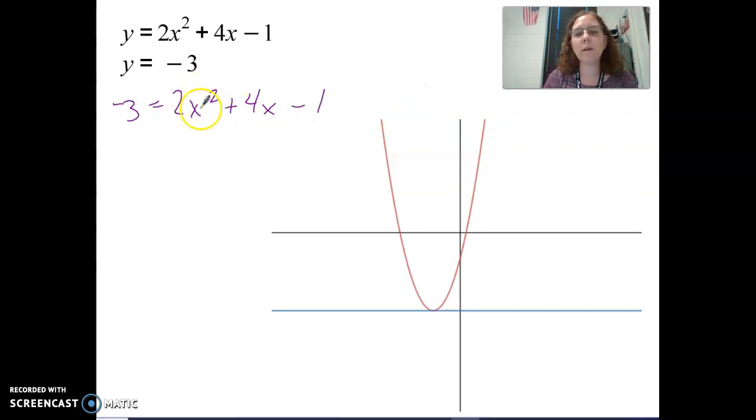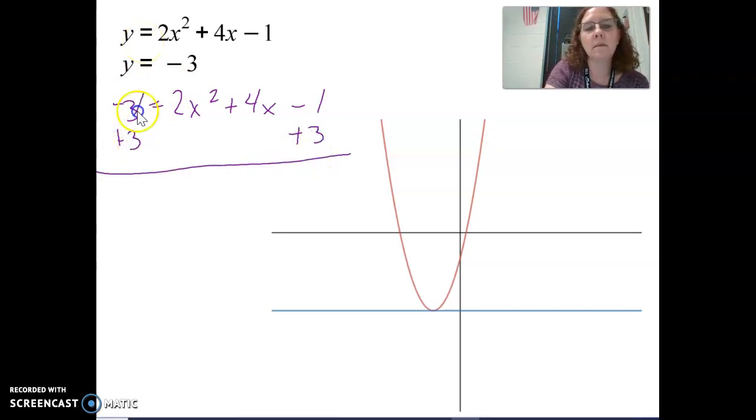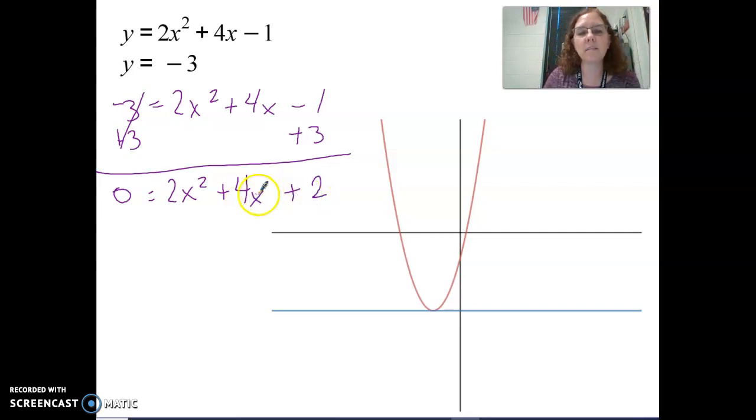Okay, well, this is a quadratic. I have x squared as my highest exponent. So when I solve a quadratic, I remember that I need it to be equal to 0. So I'm going to add 3 on both sides. Negative 3, positive 3 cancel out. That gives me that 0 that I needed, so I can use my zero product property. Negative 1 plus 3, positive 2.